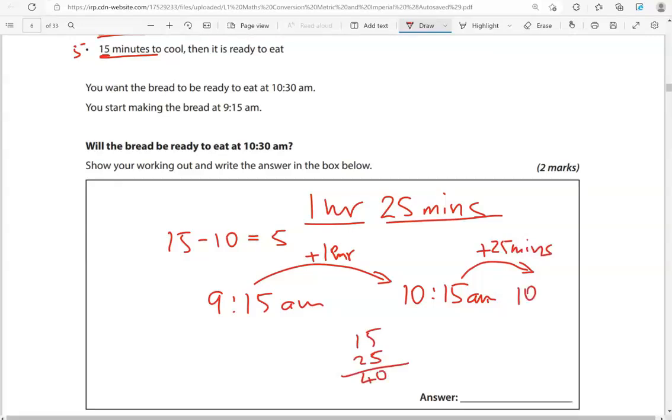So 10:40 a.m. Will the bread be ready to eat at 10:30 a.m.? No, because it will be ready 10 minutes later.